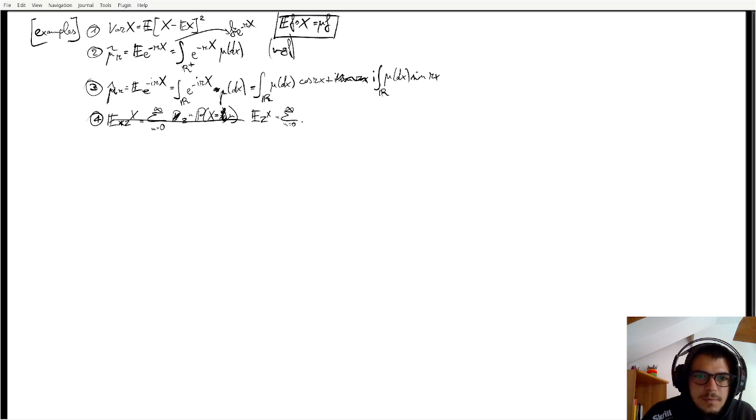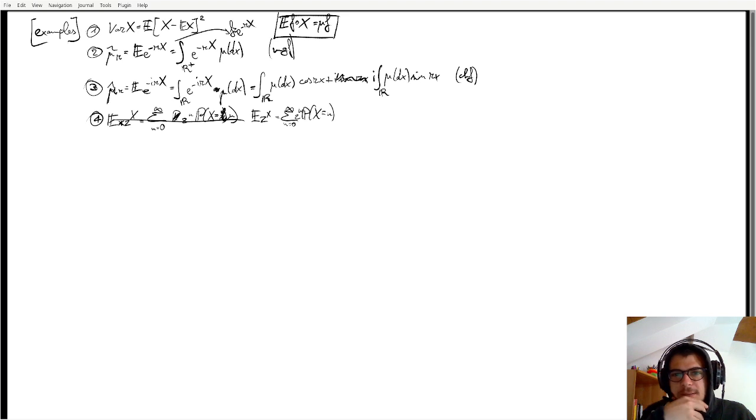The sum over n equals 0 of z to the n times the probability that X is equal to n. And these formulas are used to derive the moments of a random variable, which are mean, variance, and if you want also skewness and kurtosis.